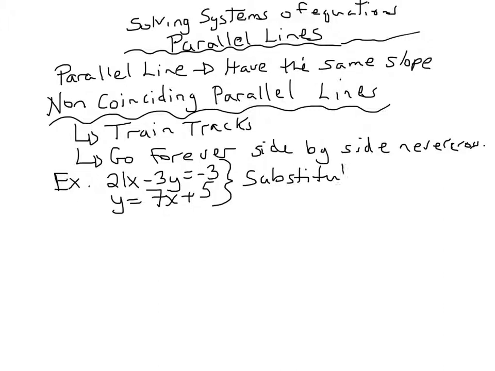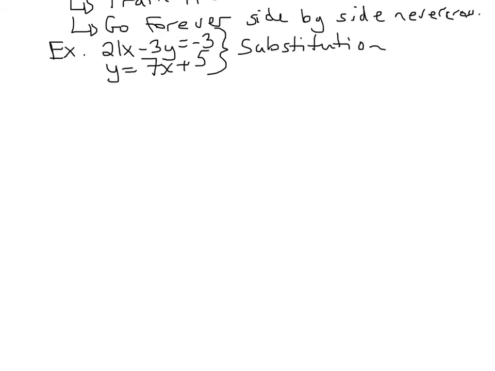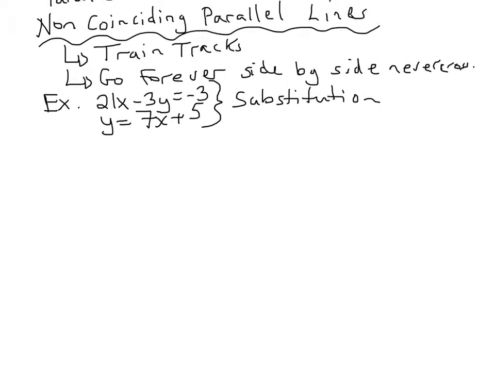Nothing is going to be different from what you did before, except for the outcome, and you'll see what I mean. We're going to take our top equation and sub in our y. So minus 3 times (7x plus 5) equals negative 3. We solve the same way we normally would.